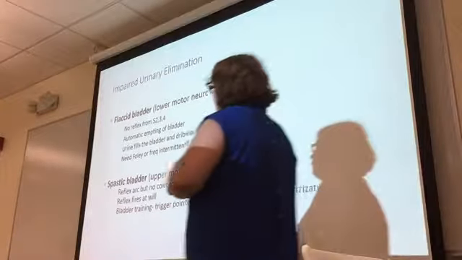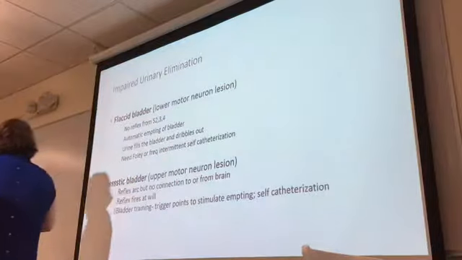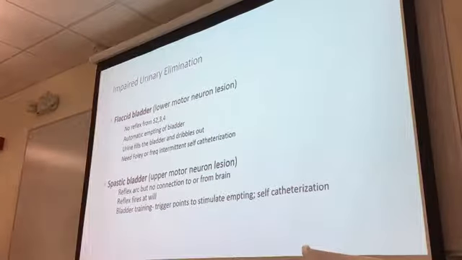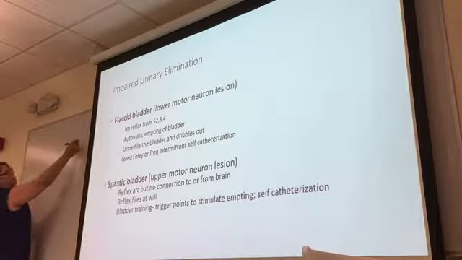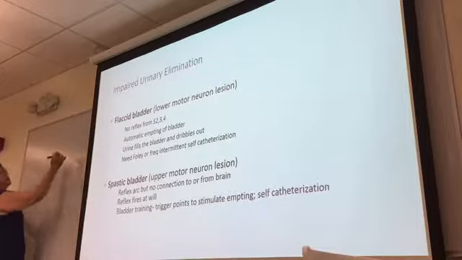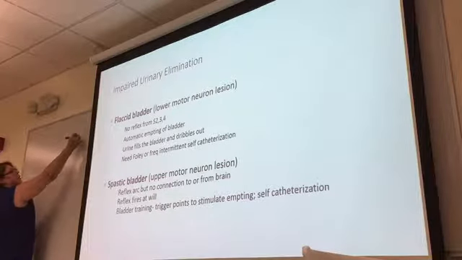Why urinary bowel and bladder is an issue. So back when I did the 2-minute anatomy and physiology, what I did is showed you a reflex arc. So sensory, motor.